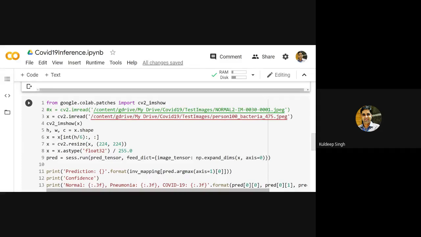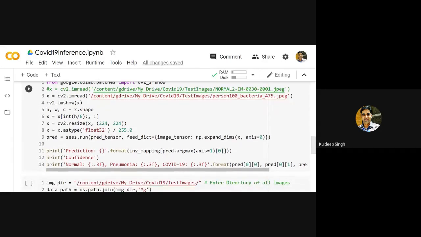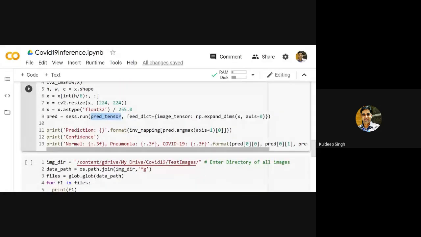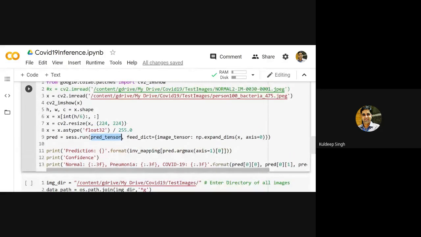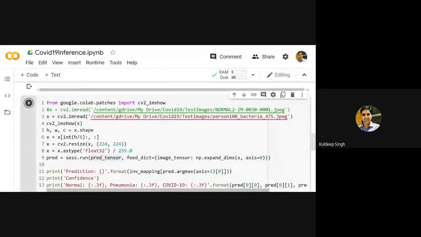I'll do some pre-processing on it, resize it, and then I'll use that prediction tensor which I defined earlier when I imported that trained model, and it will give me the prediction. Now the prediction will tell me the mapping, whether it is 0, then it will be normal, or so let's execute it.